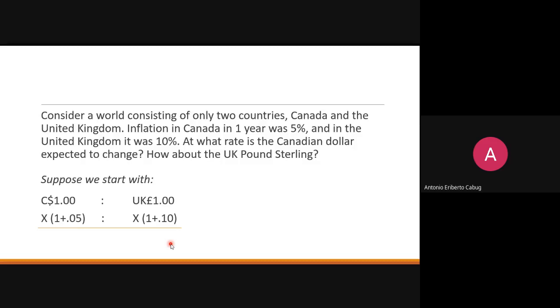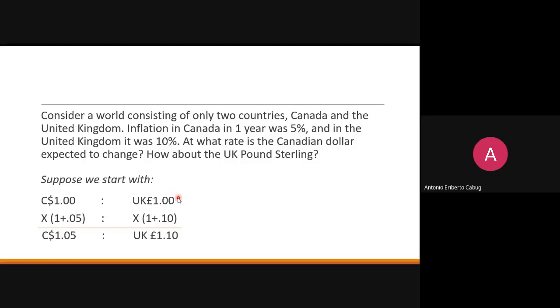Ulitin ko. In the beginning of the year, let's say that the exchange rate, just an example, 1 Canadian dollar is equal to 1 UK pound. But because inflation happened, what used to be acquirable at 1 Canadian dollar will now require 1.05 Canadian dollars.